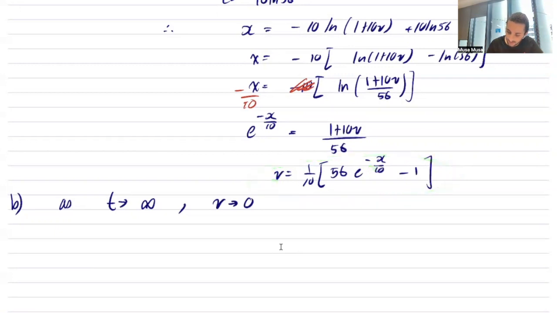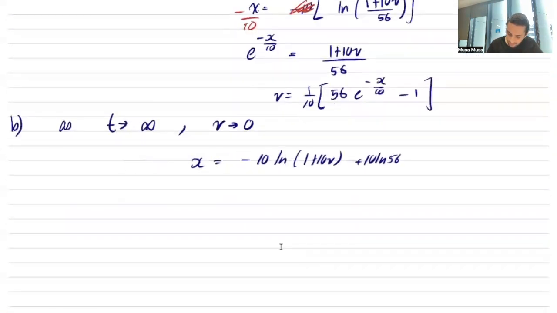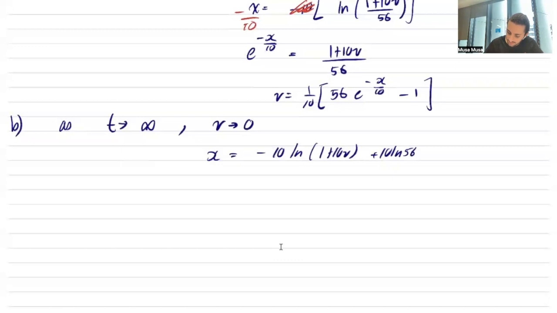Let's go back to this thing here. Let's copy that because it's already got x as the function. So as v approaches 0, what does this thing approach? It just approaches ln of 1, which is equal to 0. So you end up with just x equals 10 ln 56.